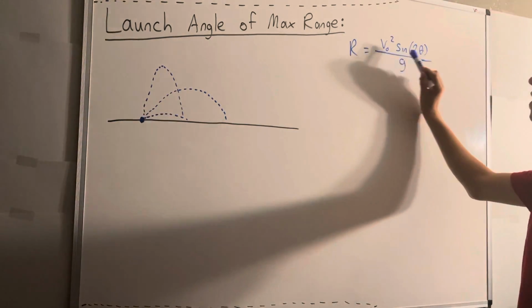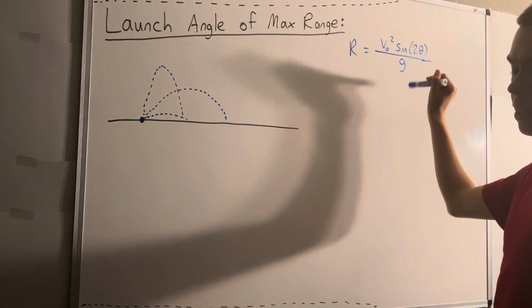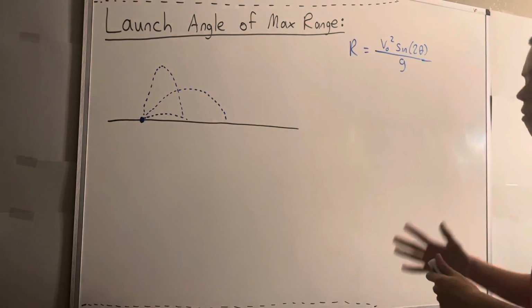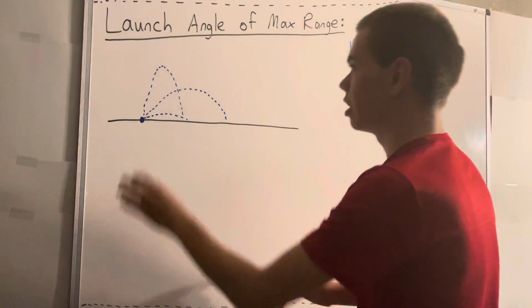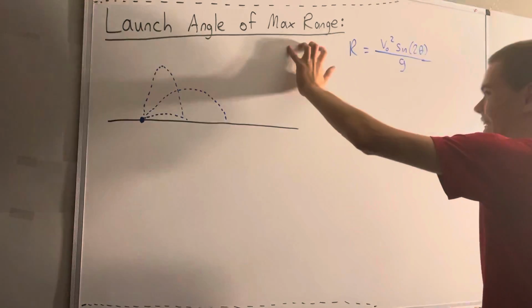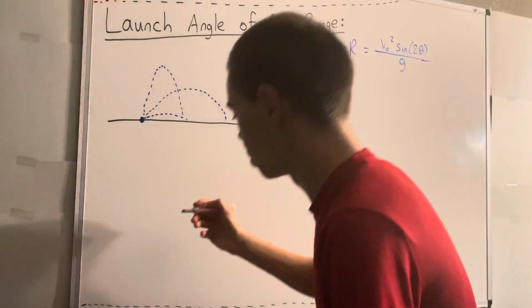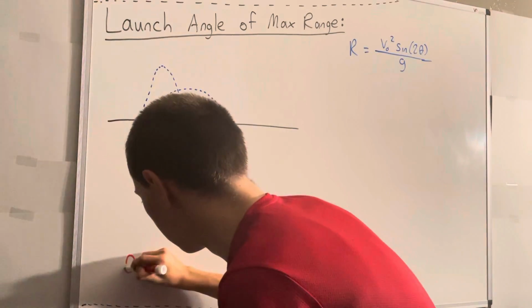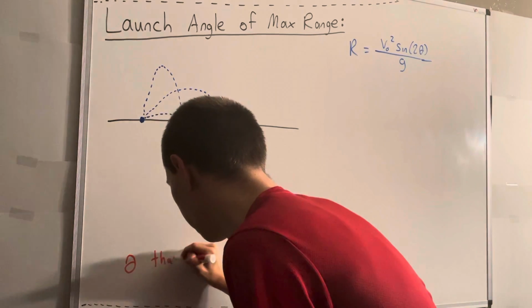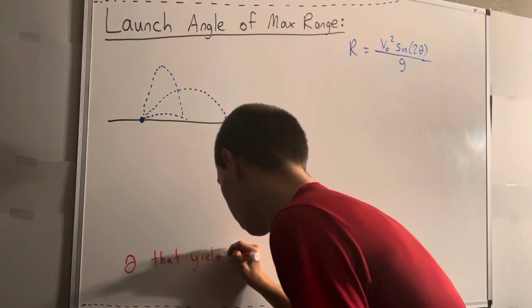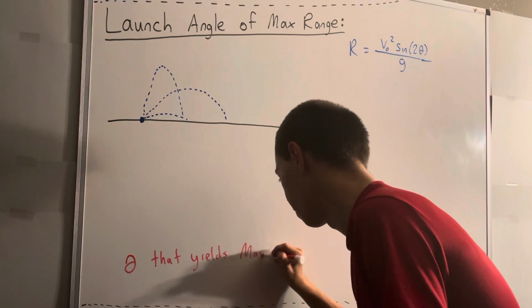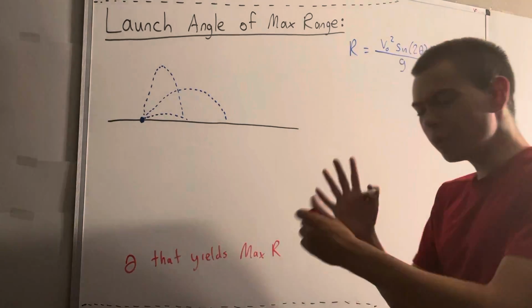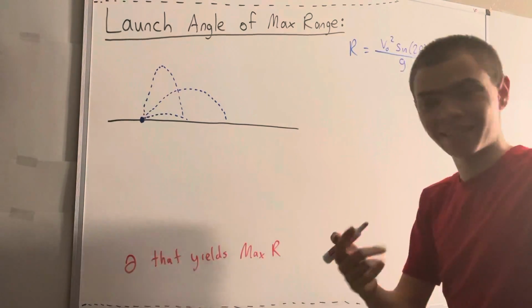V0 is the initial velocity, theta is the launch angle, and g is the acceleration due to gravity. Now, we have to find the launch angle that yields the maximum range, right? So we need to find the launch angle that yields the maximum range.